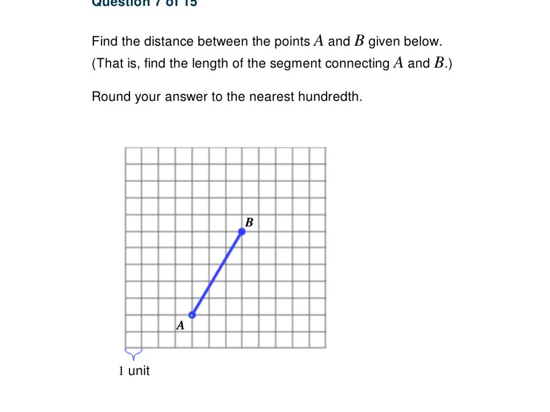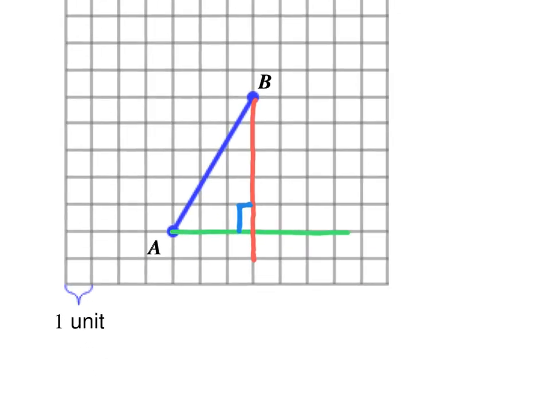And how we do that is I will extend a line from point A, and then I will extend a line from point B, and voila, we have formed a really pretty right triangle. And we can use Pythagorean's theorem. Remember, you can always use Pythagorean's theorem to find the length of something. We're just finding the length of that side. I know down here, because I count 1, 2, 3, that this distance is 3.